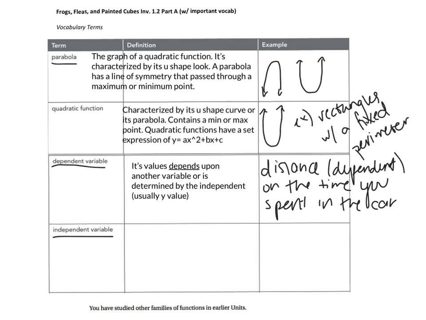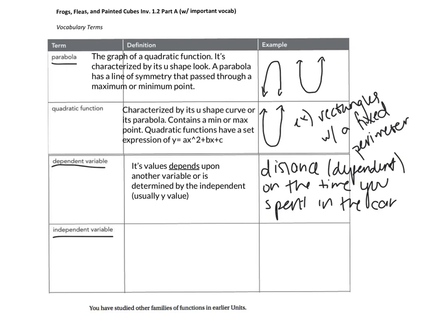Okay, we also know dependent can be the amount of money, the amount of people. In our example yesterday, our dependent was our area, right? Our area depends on our length and width.